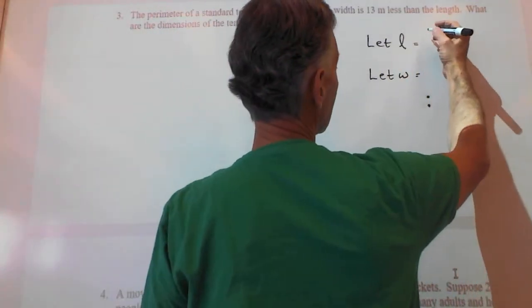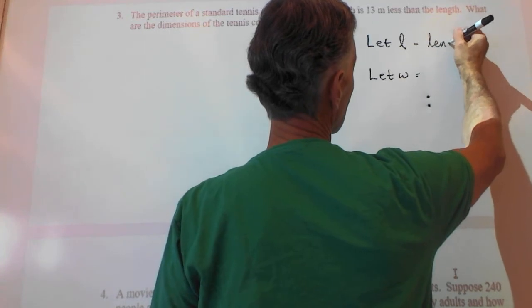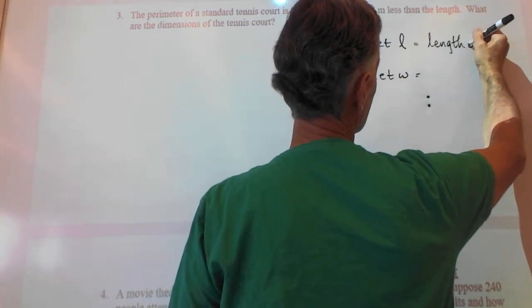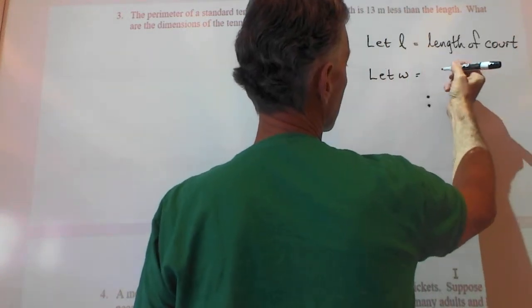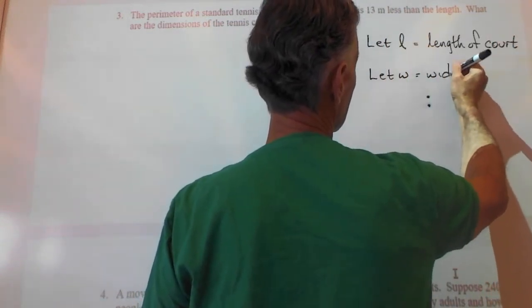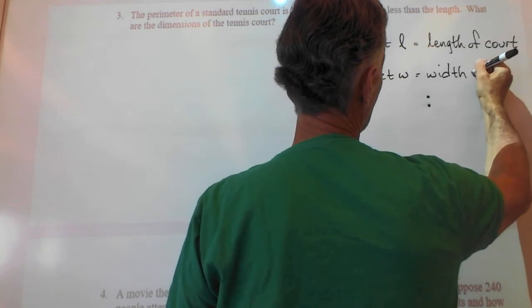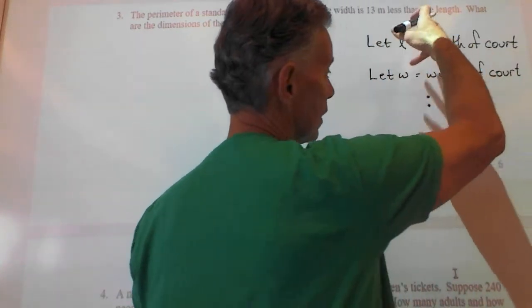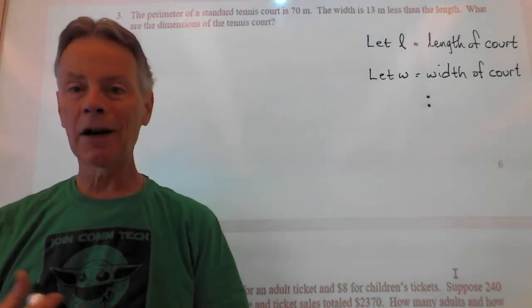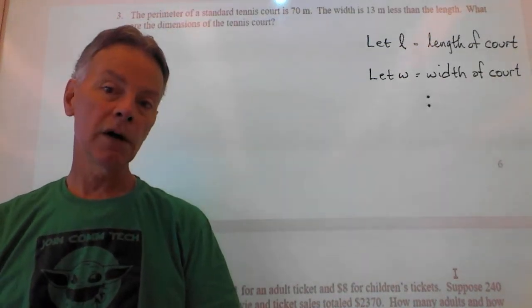So, let L equal the length of the court and let W be the width of the court. Please be very specific when you're declaring your variables. Don't just write length and width, okay?